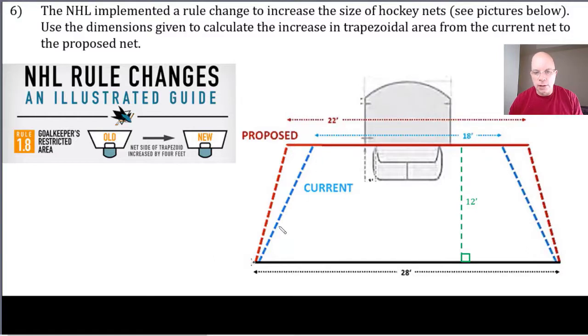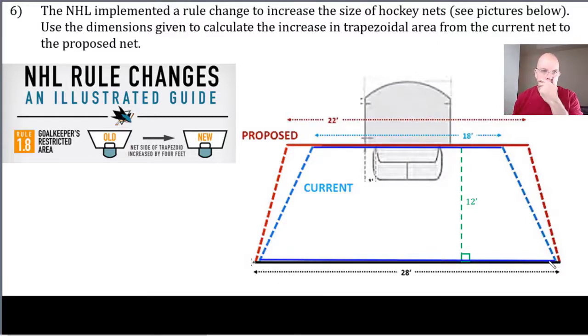proposed net. So you see the current net is labeled blue. It follows this angle, and it has this base, this base.